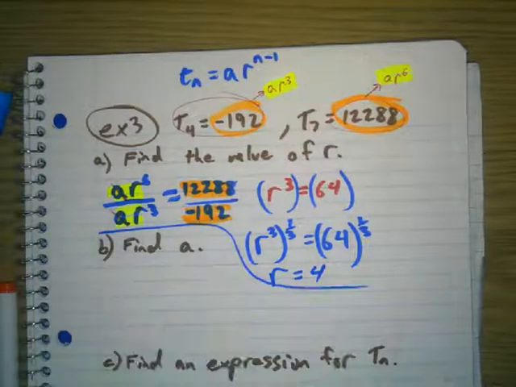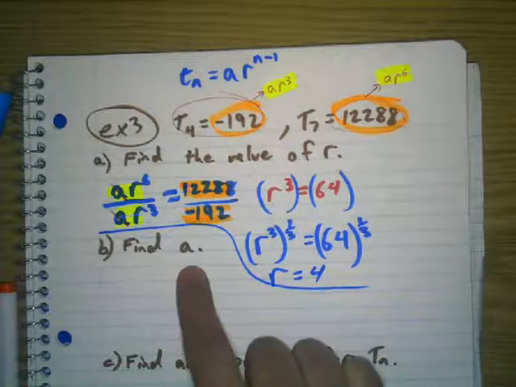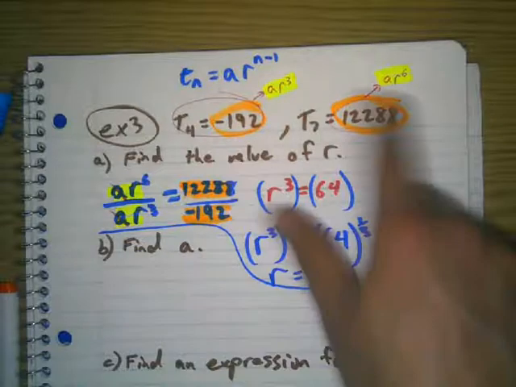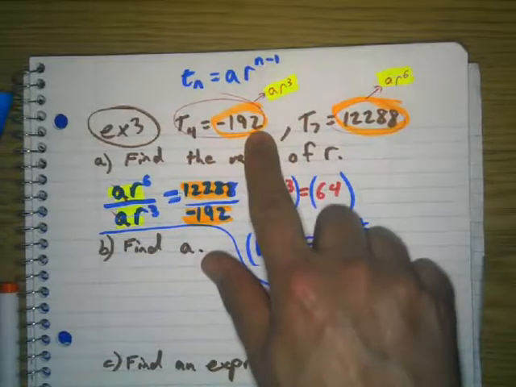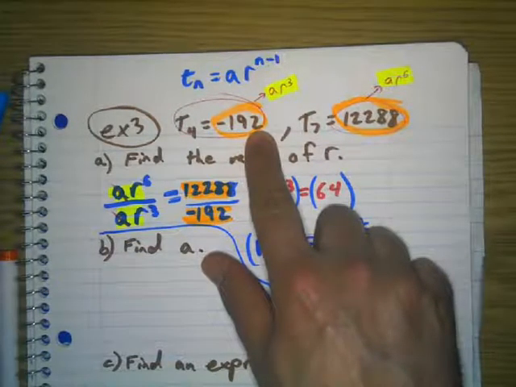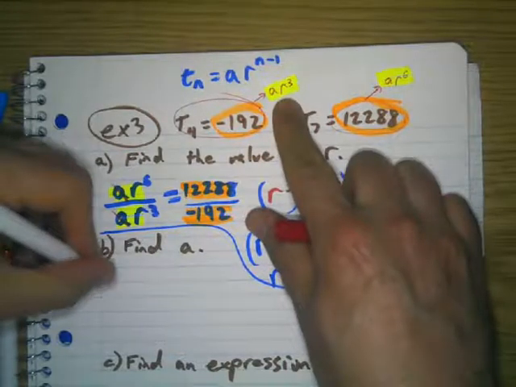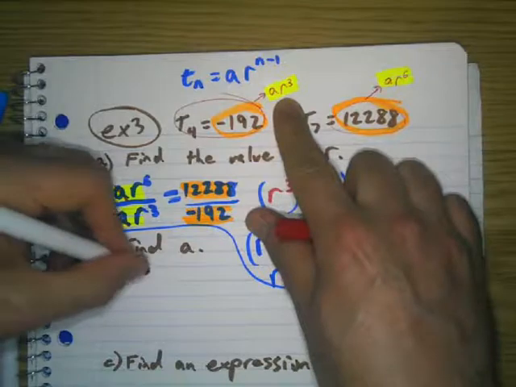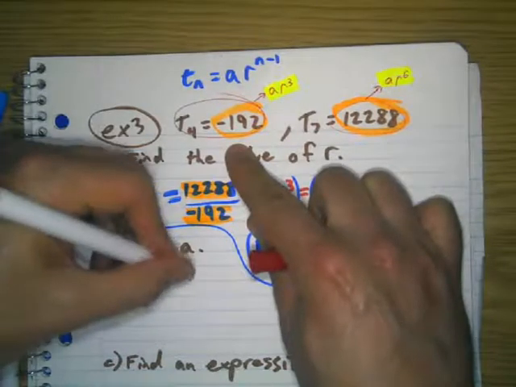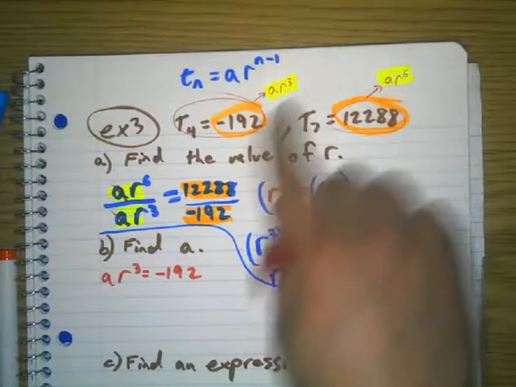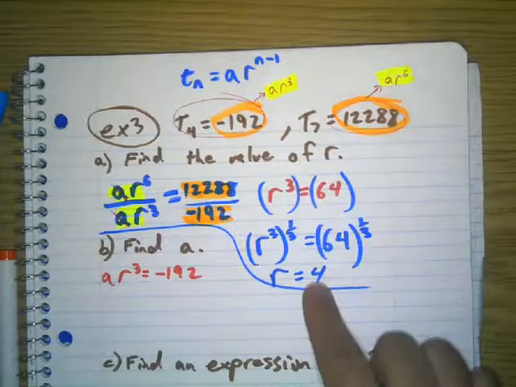Okay, so now we know what r is. All right, now we want to find a. Well, let's use one of these equations. Let's use a smaller one, I think that's easier. Okay, so we know that a times r cubed is equal to negative 192, right? And we know that r is 4, right?